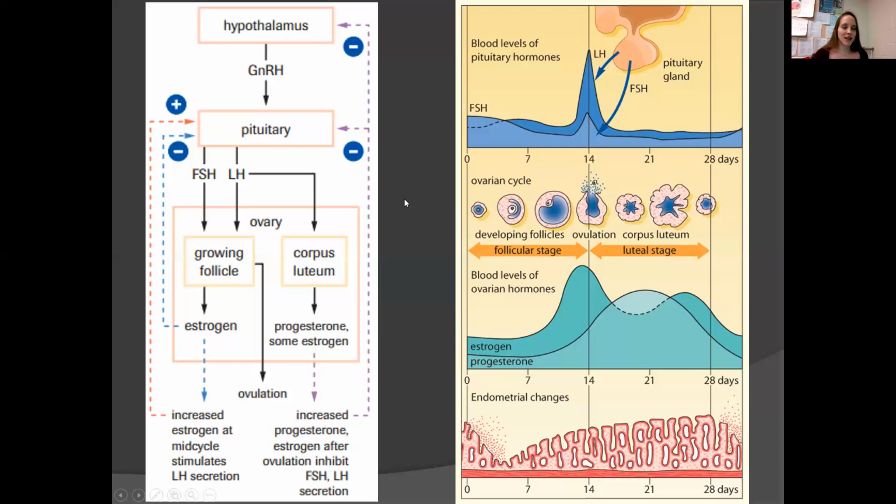These graphs: the graph at the top there, the blue one, that compares FSH and LH over the course of the menstrual cycle, and this greenish, bluish graph that compares estrogen and progesterone over the course of the menstrual cycle. Both of those graphs are important to know, as is the entire flow chart.